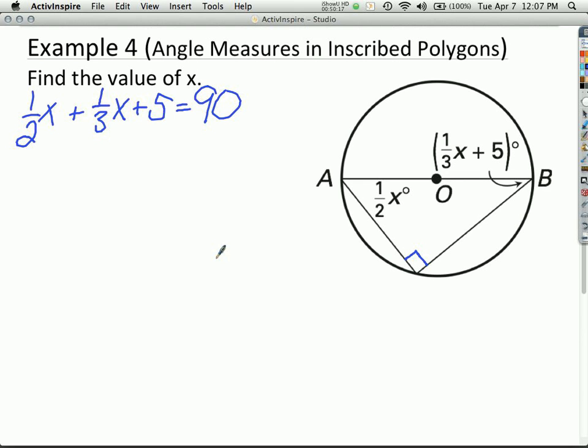And we can solve for x. That's really 3/6, that's 2/6, this is really 5/6 x plus 5 equals 90. Solve for x.